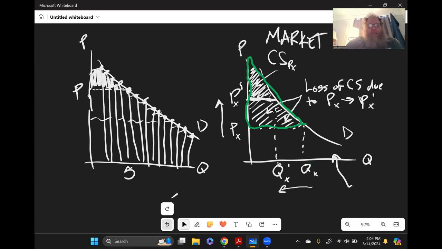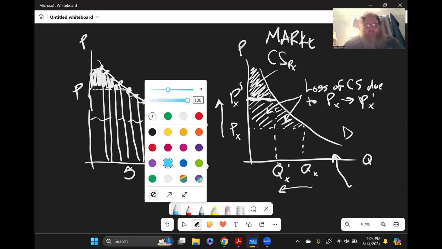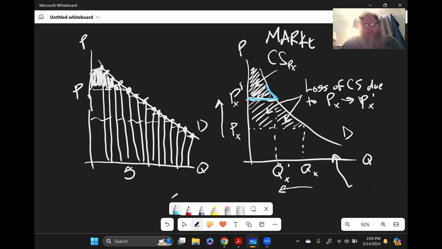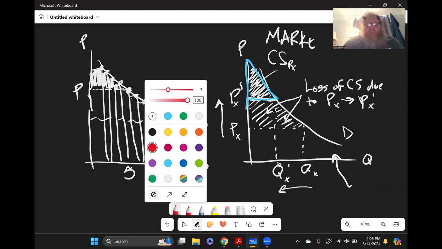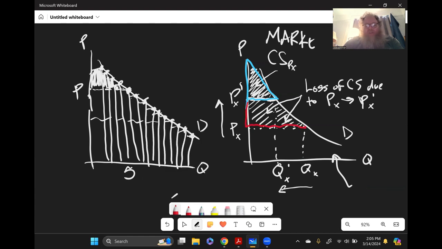And then after the price change occurs, we'll show this in blue. Now consumer surplus is only that blue triangle, so it's less, and so the difference, or the loss in consumer surplus, is this trapezoid-looking figure right there. So this area here is the loss in consumer surplus.